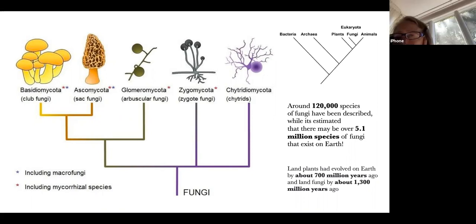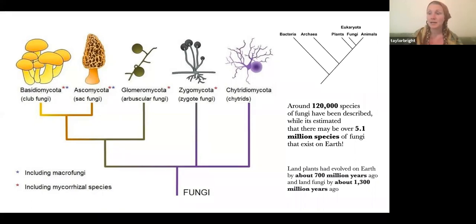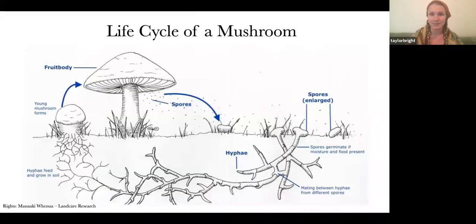So like molds and yeasts, and another type of fungi called mycorrhizae, which I'll talk about in a little bit, a lot of them actually don't produce mushrooms at all. They live their entire life cycle totally out of sight in the substrate or in the soil.